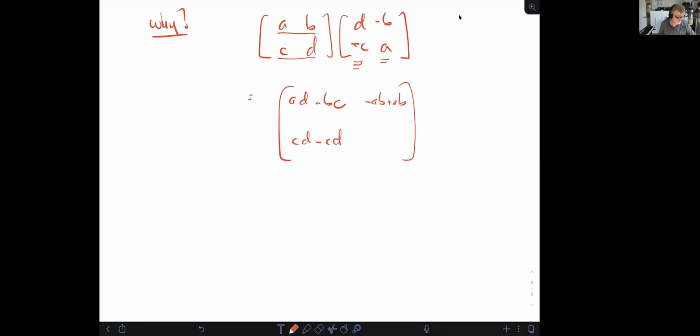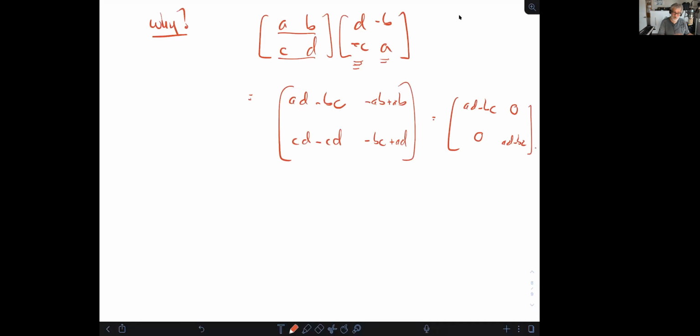And finally, second row, second column, that's minus BC plus AD. So when I multiply those two matrices, I get AD minus BC, 0, 0, AD minus BC.